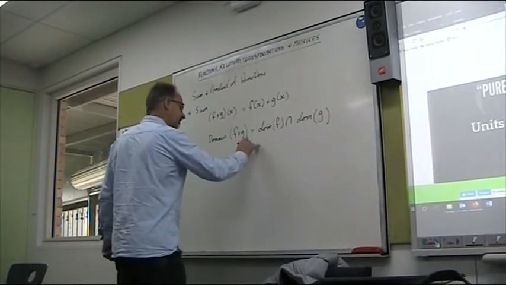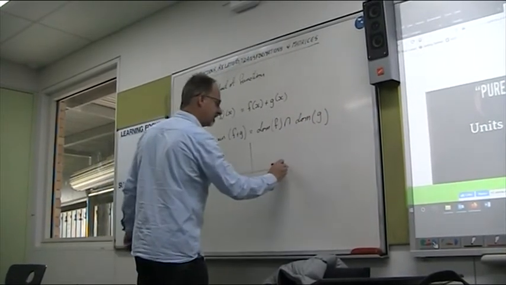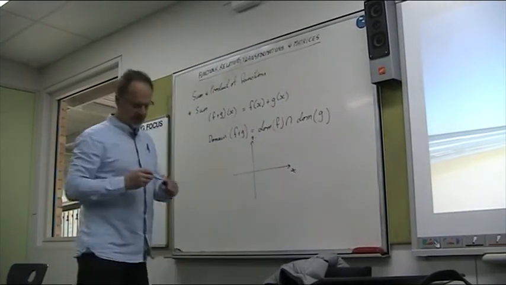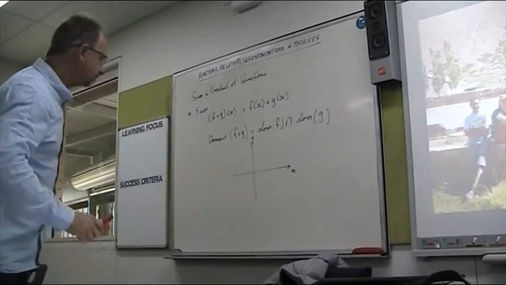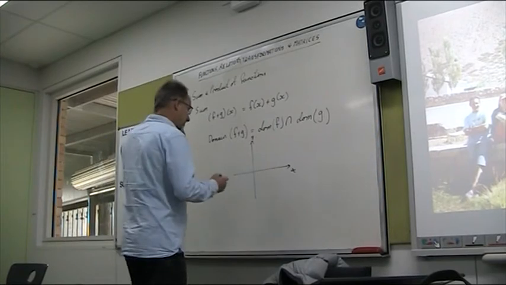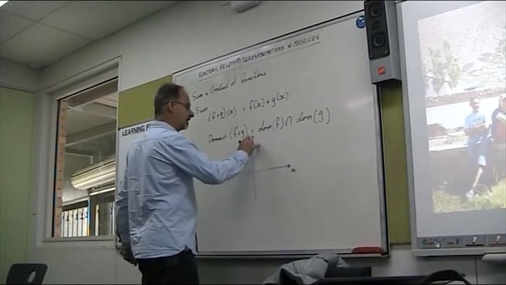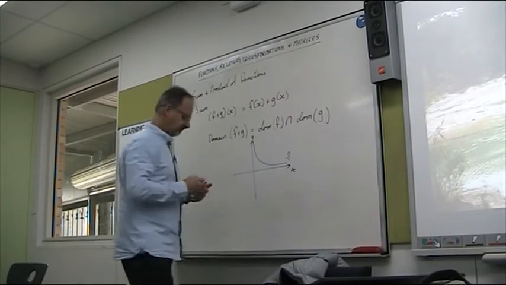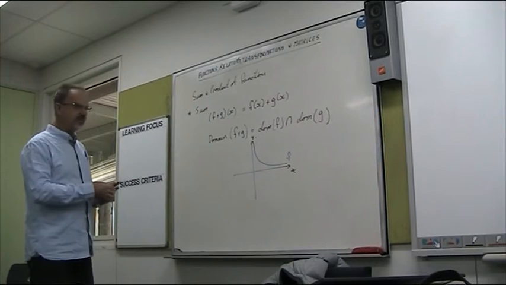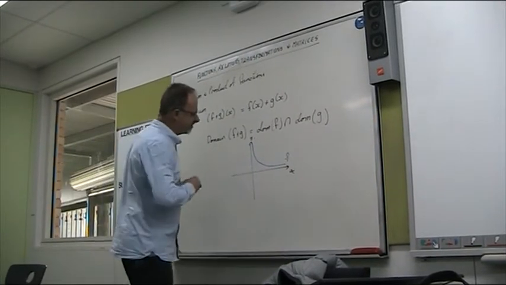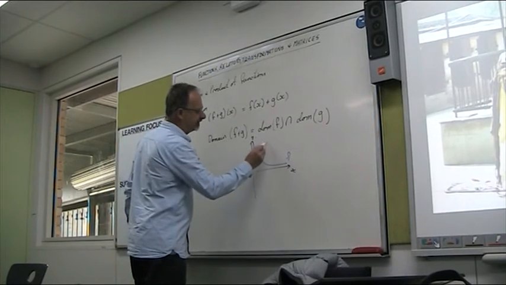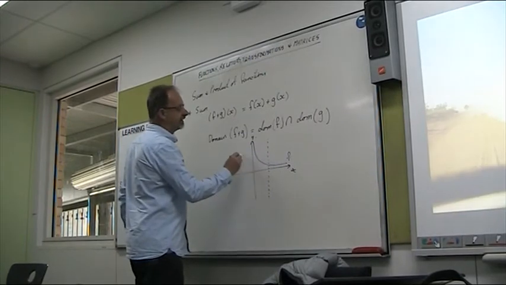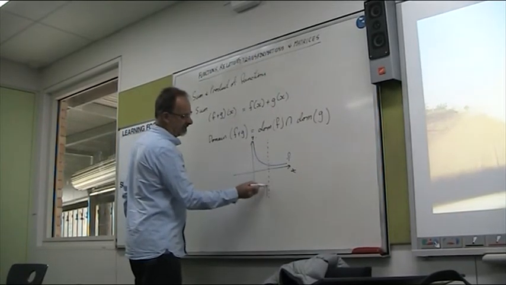Now that might seem a little bit funny, but if we have two functions, f and g, so I'm going to have one of them, so it's this, and that's f, and the next one I'm going to have is g, and g goes like this.